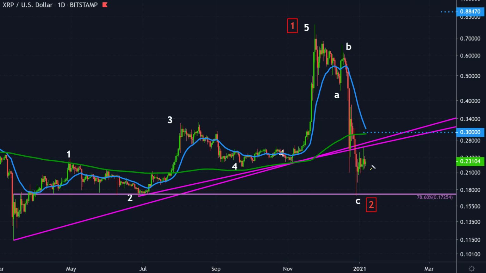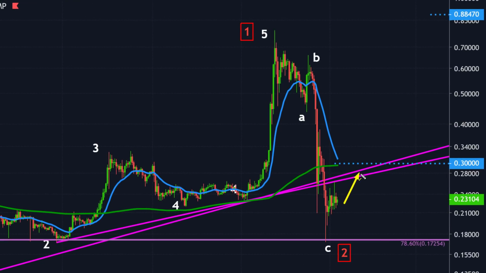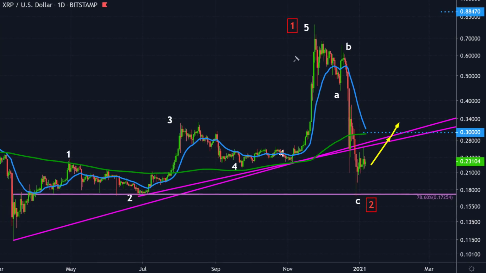A V bottom formation, if it breaks above 0.3 in the next few weeks and months, going above the trend line, that could very well be a very strong signal that the potential wave 2 correction has likely completed here. In other words, that would be our A wave, B wave, C wave for wave 2.